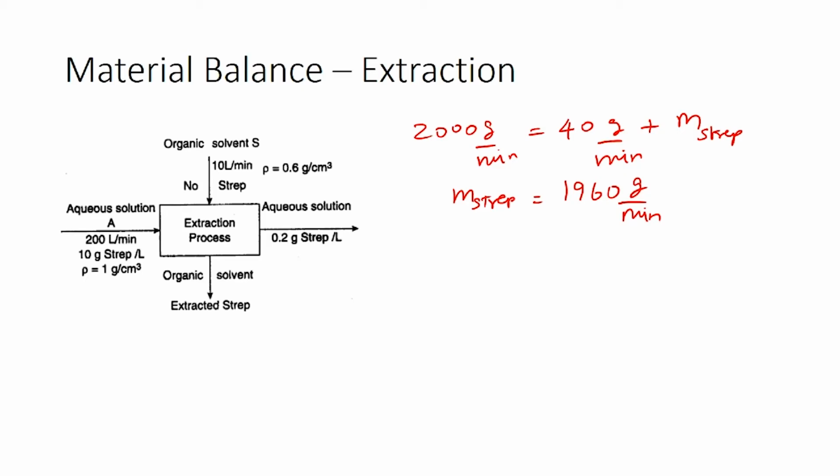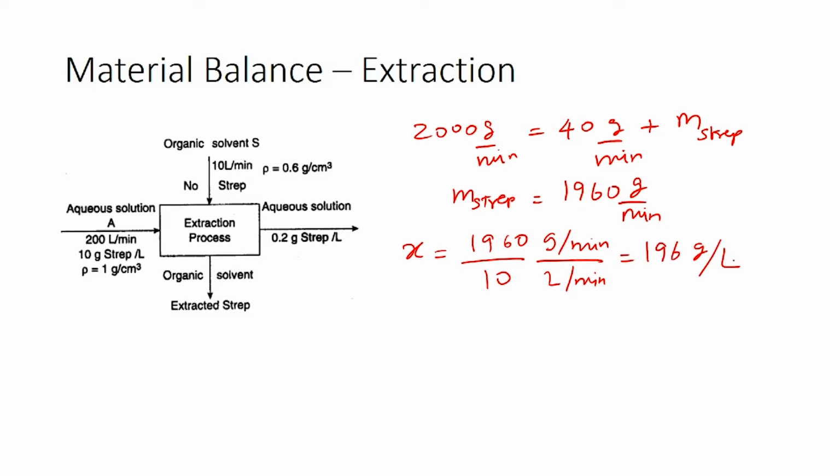Considering the concentration X of streptomycin in the extract, it would be 1960 divided by 10, grams per minute divided by liters per minute, giving you 196 grams per liter. This gives you the concentration of streptomycin in the extract.